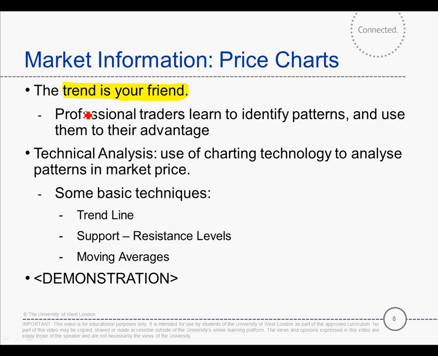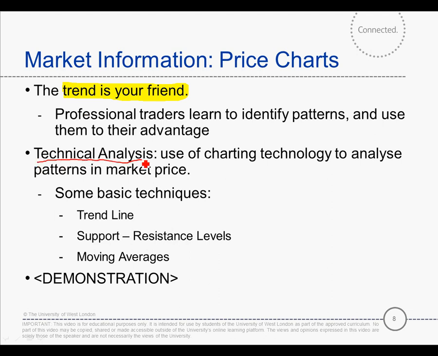The difference between professional traders and amateur traders is professional traders have studied patterns over a long period of time. So if you want to improve as a trader, most of what you're doing on the technical analysis front is analyzing and studying patterns so that you have an objective understanding of how patterns in a particular market develop.